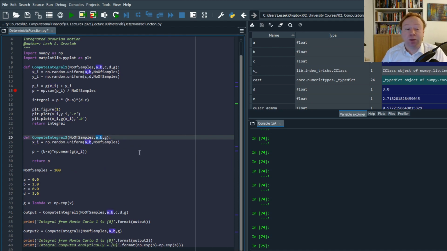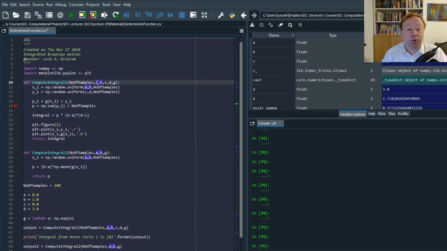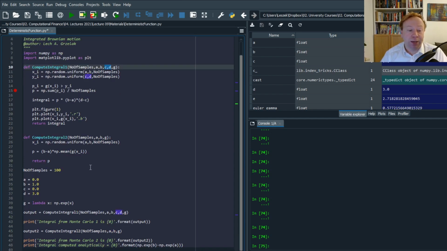Normally, if somebody asks you to perform integration, you would be asked to integrate a function from a to b. In this approach, we not only need to specify a and b, but we also need to provide a range for the values of the function, c and d. So this is obviously a significant limitation.